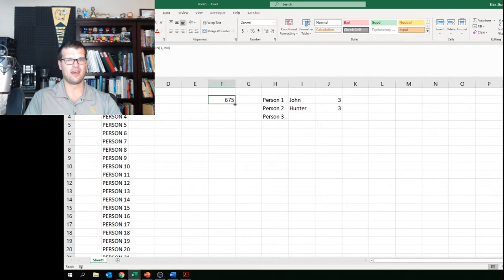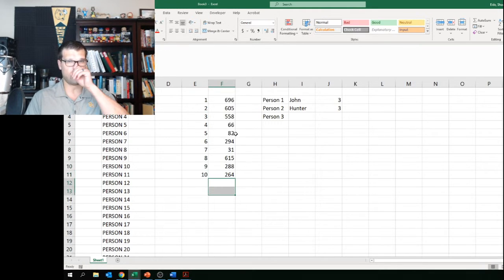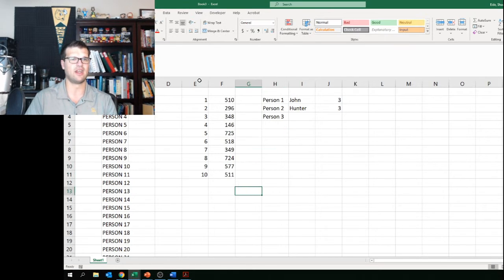And I'm going to do 10 of these: 1, 2, 3, 4, 5, 6, 7, 8, 9, and 10. Now we're going to choose these 10 people. If you get a duplicate, you just hit it again and take the next person that's not a duplicate. So you associate their names between 1 and 750.